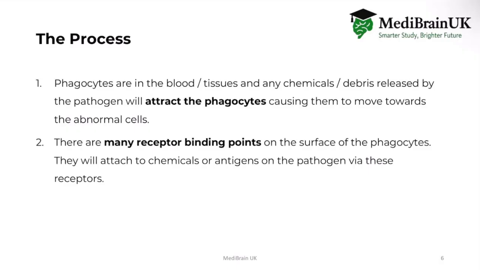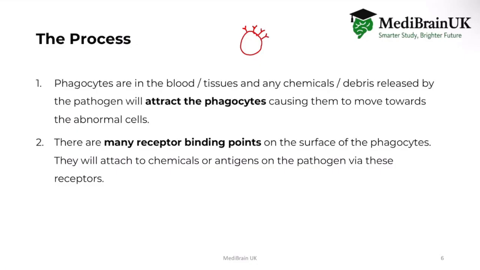Now, the phagocyte has many receptor binding points. On a cell, if I draw a cell of a phagocyte, there are many receptors which are present on the cell, like that, and all around.